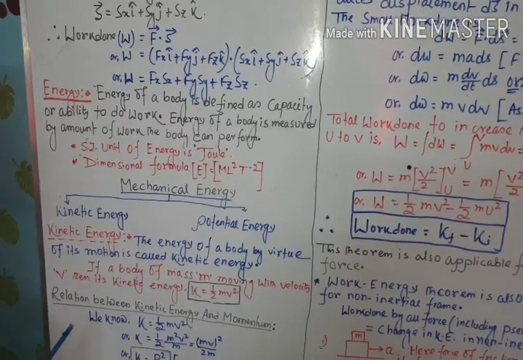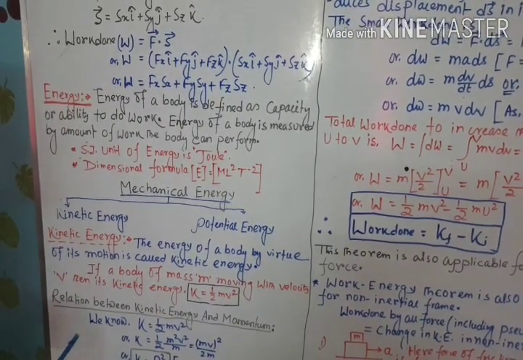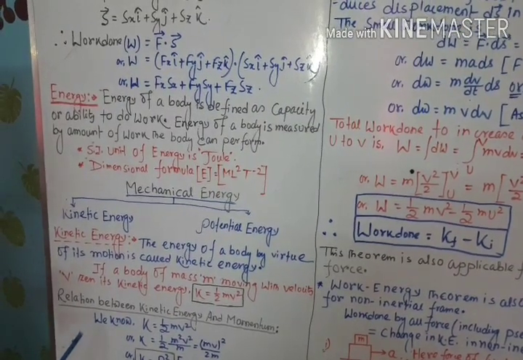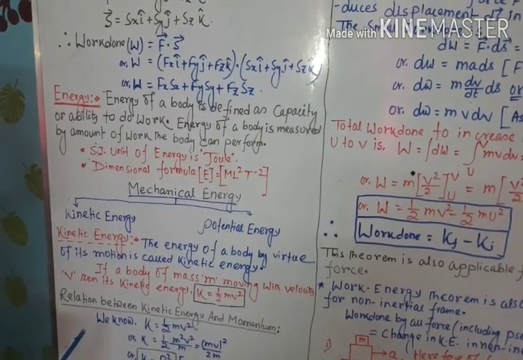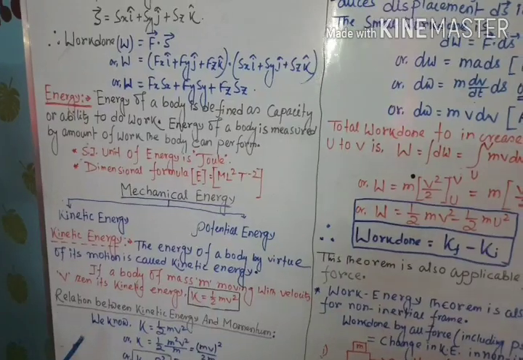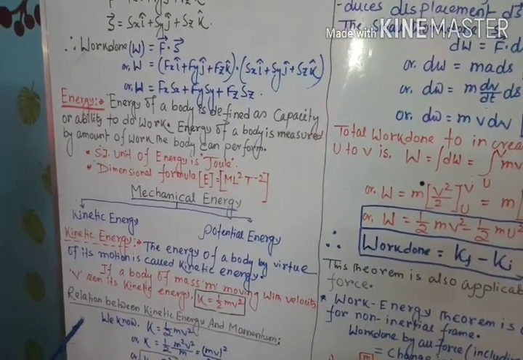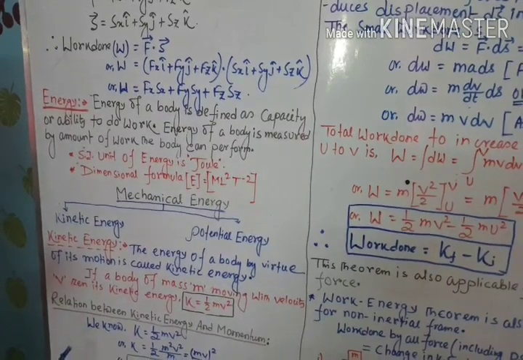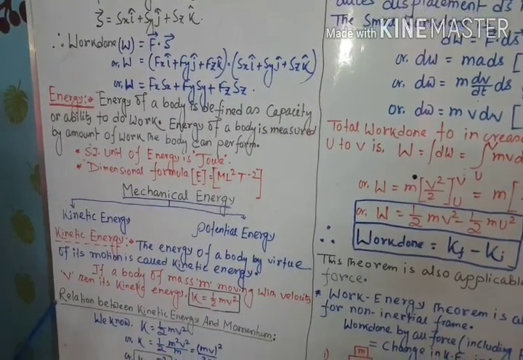To measure the energy of a body, you have to determine the amount of work that can be performed by the body. So by measuring the amount of work that can be performed by the body, we can say this is the equivalent amount of energy of the body.